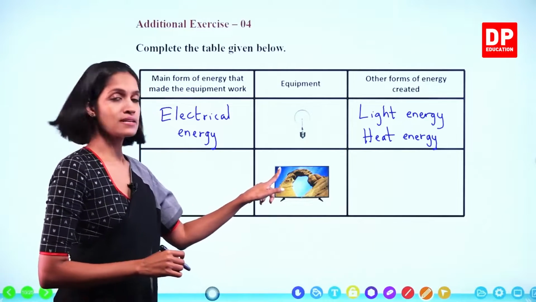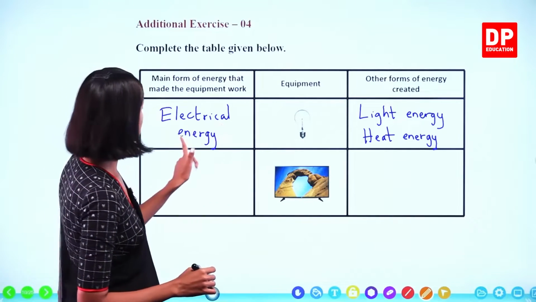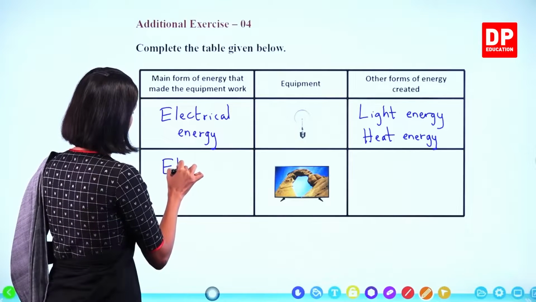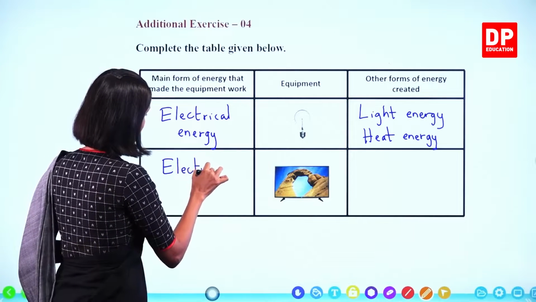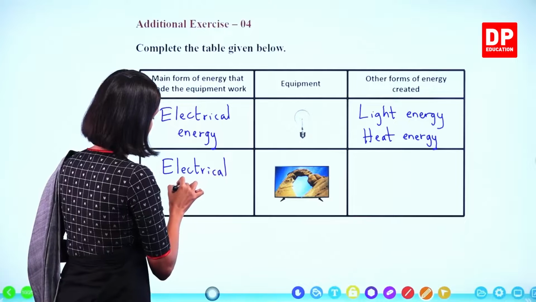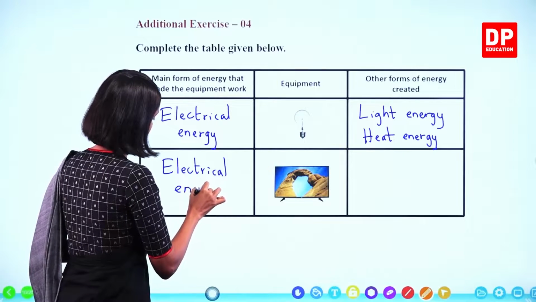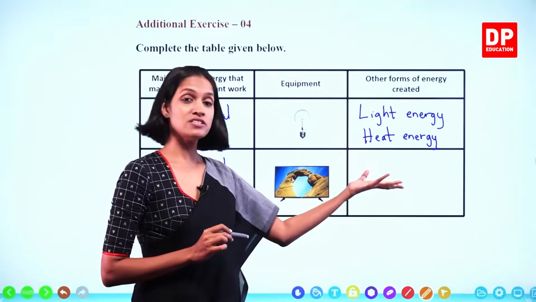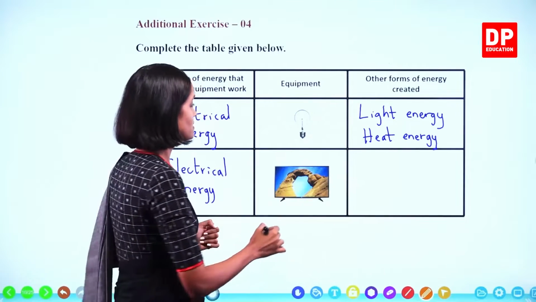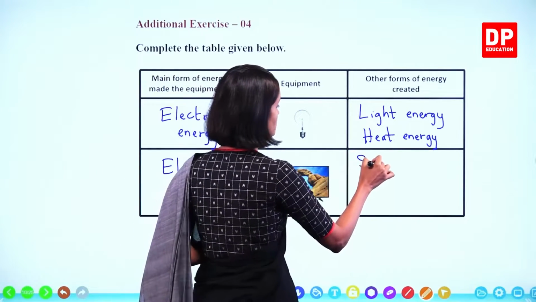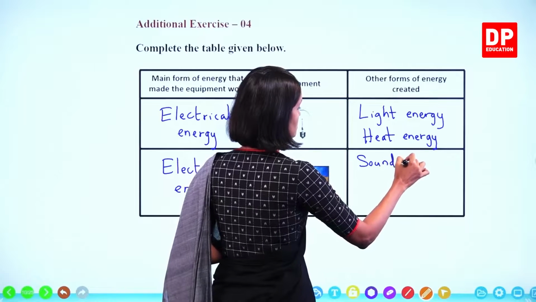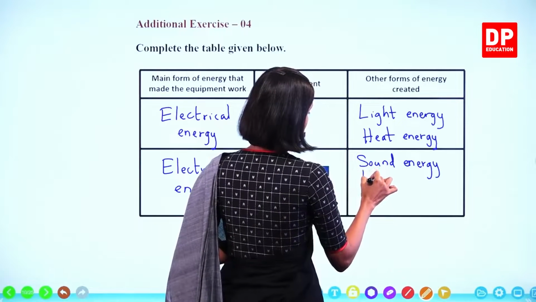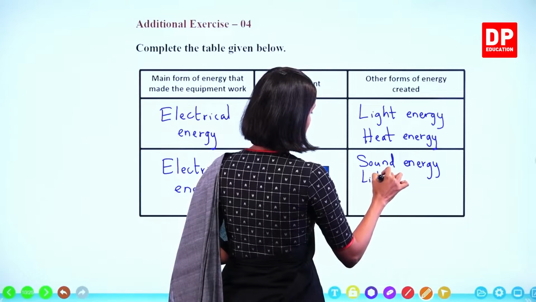Next one is the television. Again, we need electrical energy to make it work. Electrical energy. So what type of energies are formed here? Sound energy, light energy.